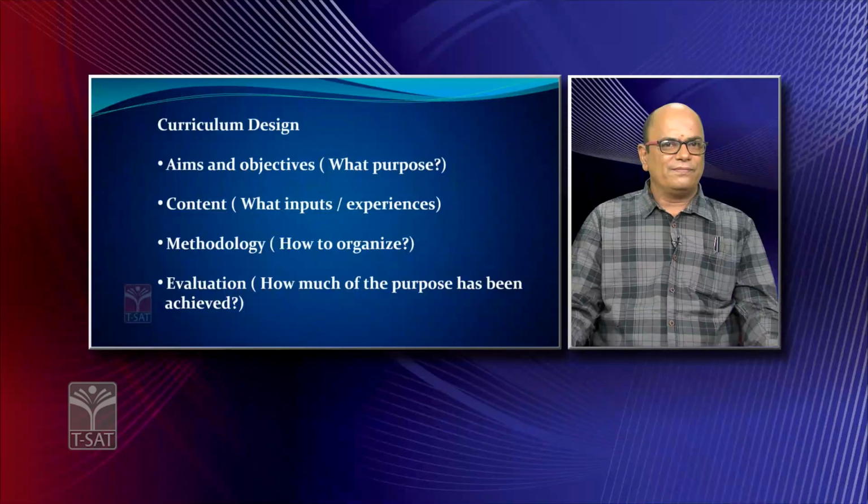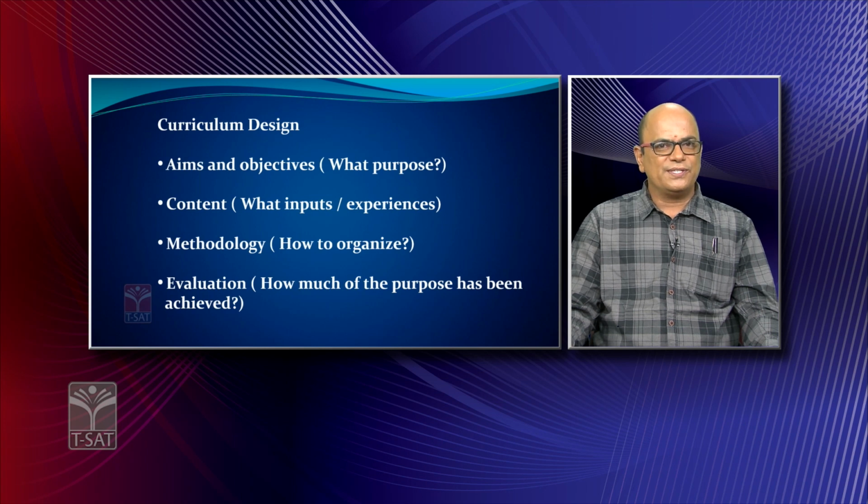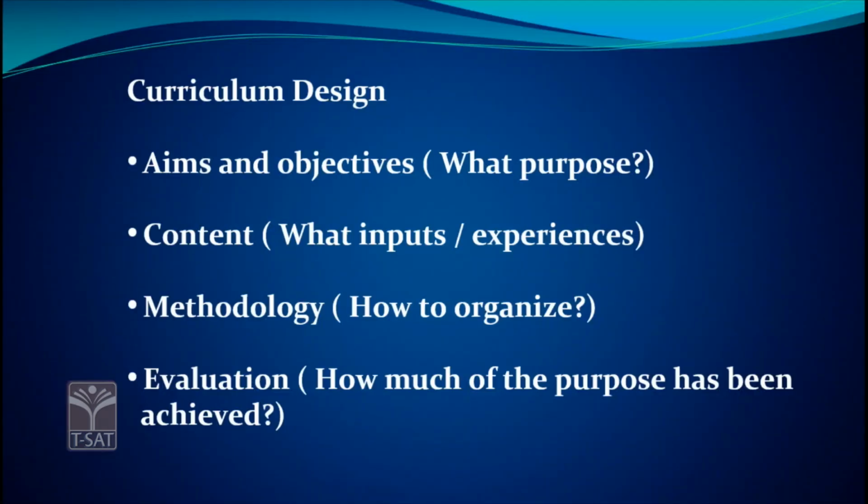So dear viewers, this is the framework. Curriculum leads to syllabus, which leads to textbooks, which leads to the teaching learning process, which leads to evaluation, reflection and possible curriculum revision.